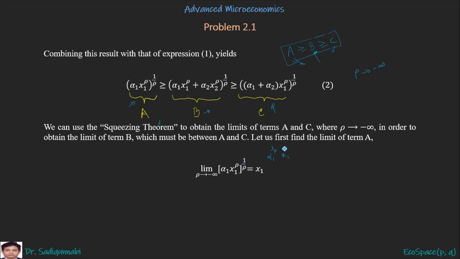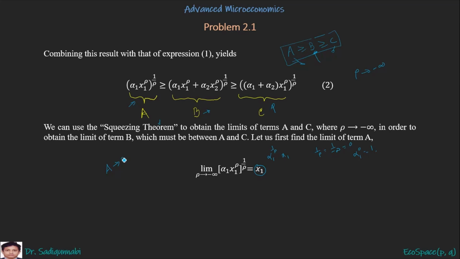And we know that 1 by rho is 1 by minus infinity, which is equal to 0, and alpha 1 to the power 0 is equal to 1, so we get this one as x1. Okay, so we now find that the limit function in A yields the value x1.